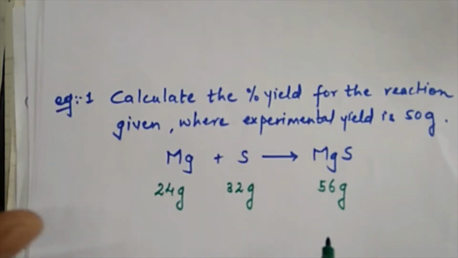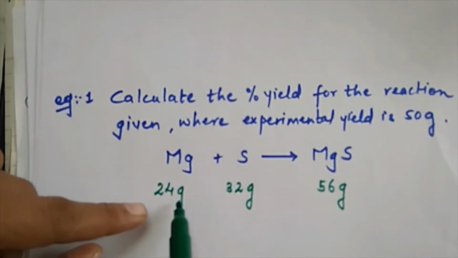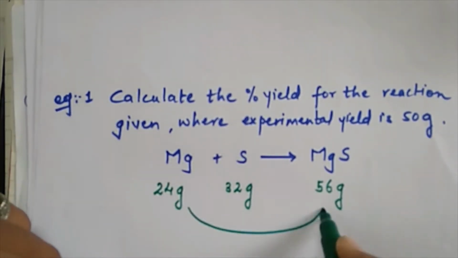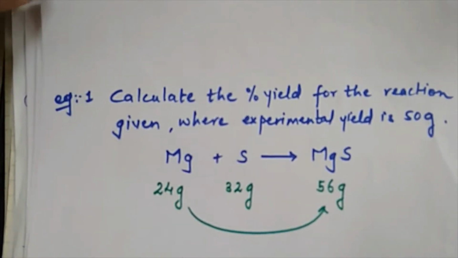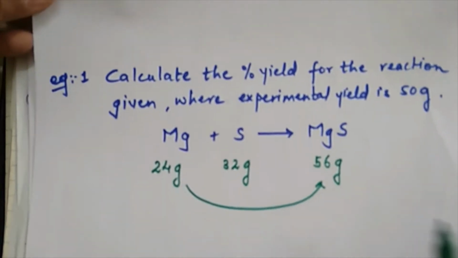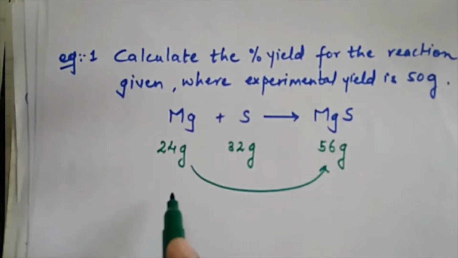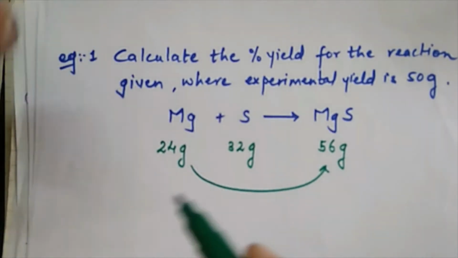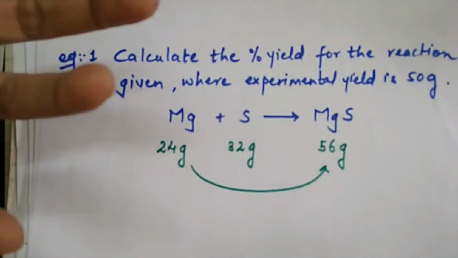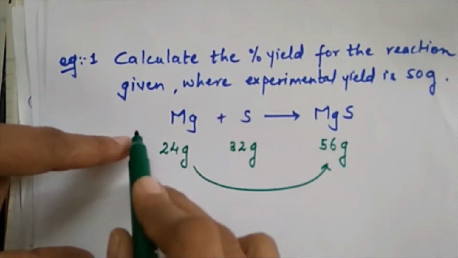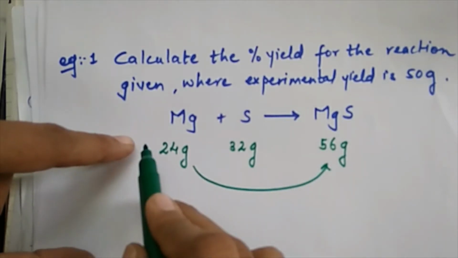So theoretically, 24 grams of magnesium gives 56 grams of magnesium sulfide. That is the theoretical yield, but it is not necessary that we will take 24 grams only. We may take around 10 grams. So depending on the grams of reactant taken, the amount of product obtained is based on this factor.